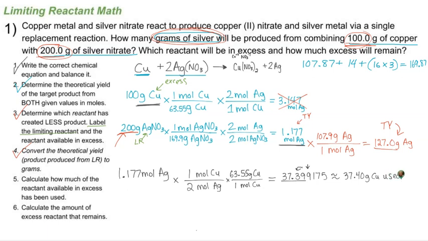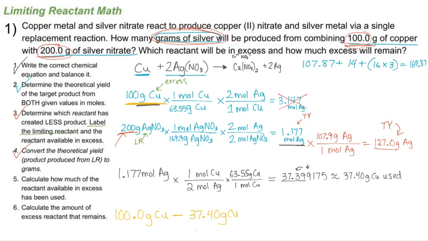So now we need to figure out how much remains. And so we'll just subtract that amount from the amount that was available. So we had 100 grams of copper available, and we'll subtract out the 37.40 grams of copper that we actually used. And I should be careful about significant figures here, because we actually had exactly 100.0 grams. And that does make a difference when we're subtracting, because remember, when we subtract, significant figures has to do with decimal places.